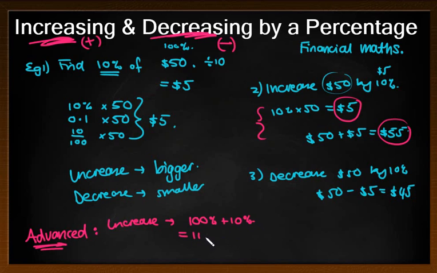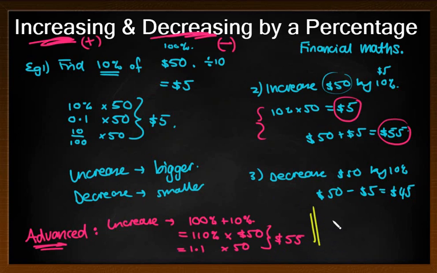So what we're actually doing is finding 110% of the actual amount. If you type that into a calculator, or you might use a decimal, 1.1 times $50, it will give you the answer of $55 in that one calculation. Can be really handy, and if you feel that you're up to that, then absolutely go ahead and do that.